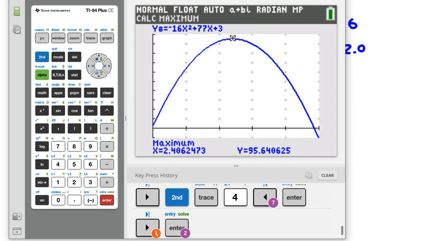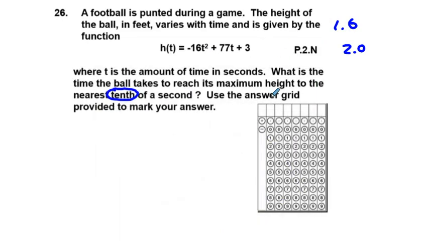So that's going to be 2.4 comma 95.6, and 2.4 is what we want. To the nearest tenth, it is going to be 2.4. So we can put in 2.4. If you put in just 2, you weren't rounding to the nearest tenth. You're rounding to the nearest second if you put in 2 as opposed to 2.4. So 2.4 is our correct answer.